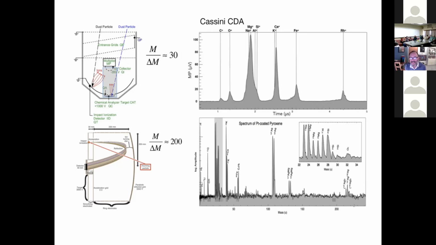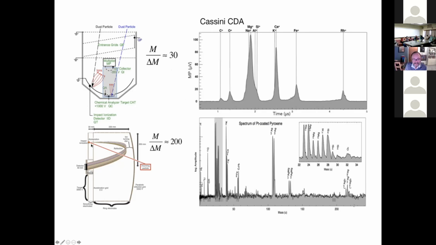Even with a modest mass resolution of m over delta m of 30, which is how close an ion mass line has to be for you to resolve it, it worked remarkably well. There are newer versions of this instrument which would increase the mass resolution from 30 to above 200, by extending the flight path an ion can follow.